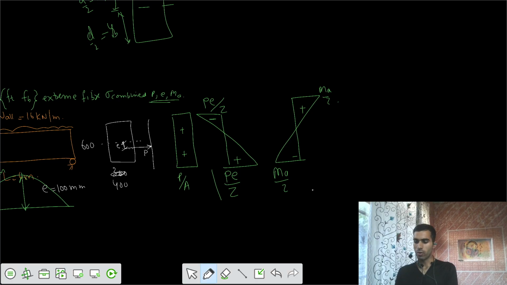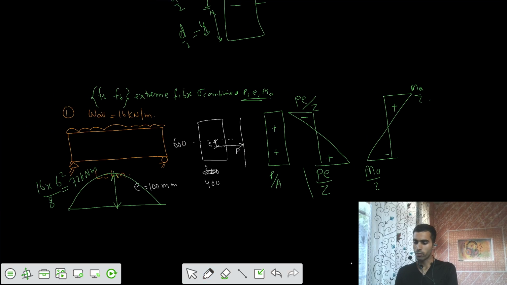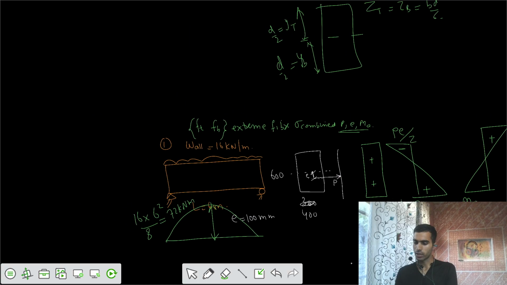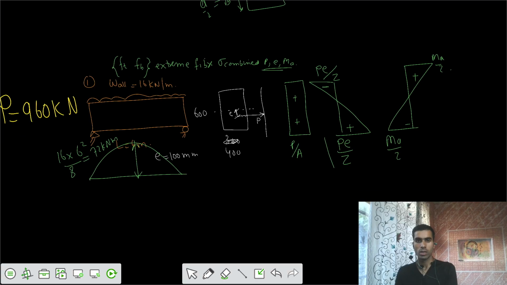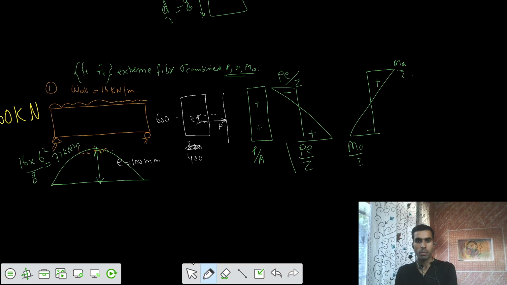Your P by A value: what is the force P we are applying on the section? It's saying that we are applying a prestress force of 960 kilonewton. So what's the value of P by A? P by A is 960 kilonewton divided by A, the area of the cross section of the concrete, which is 0.4 into 0.6 meters square.